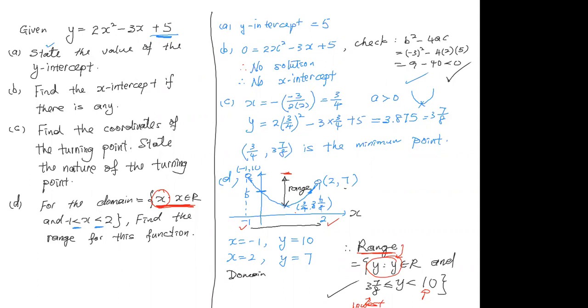So this is very crucial, especially when you have a turning point within the domain. So the values of the range are not the values at the ends.